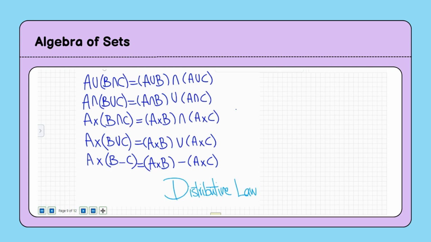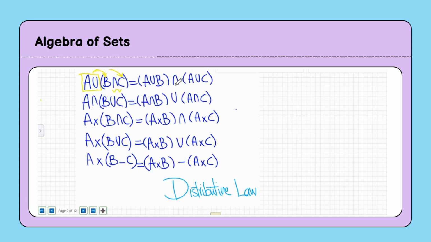The distributive law is essentially you take the first, so as you can see here, the element inside the parentheses is different than what you see outside. So here, for example, outside is union and inside is intersection.